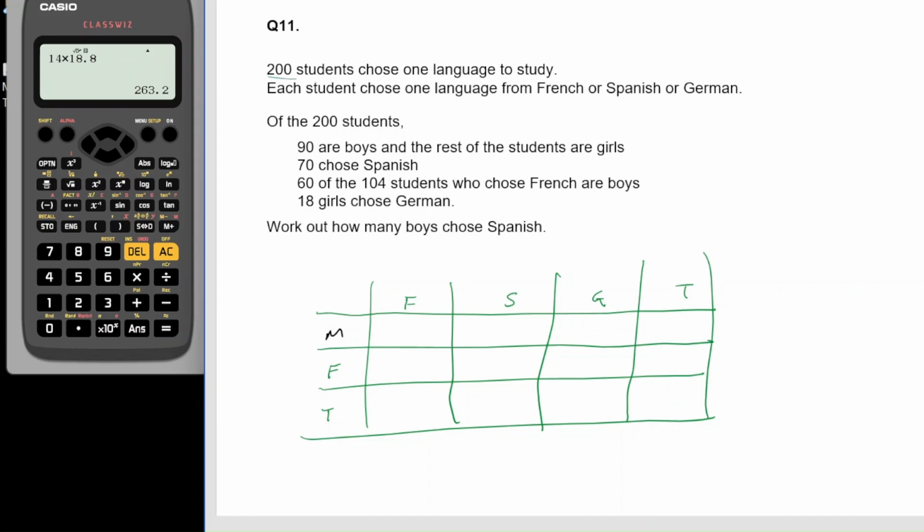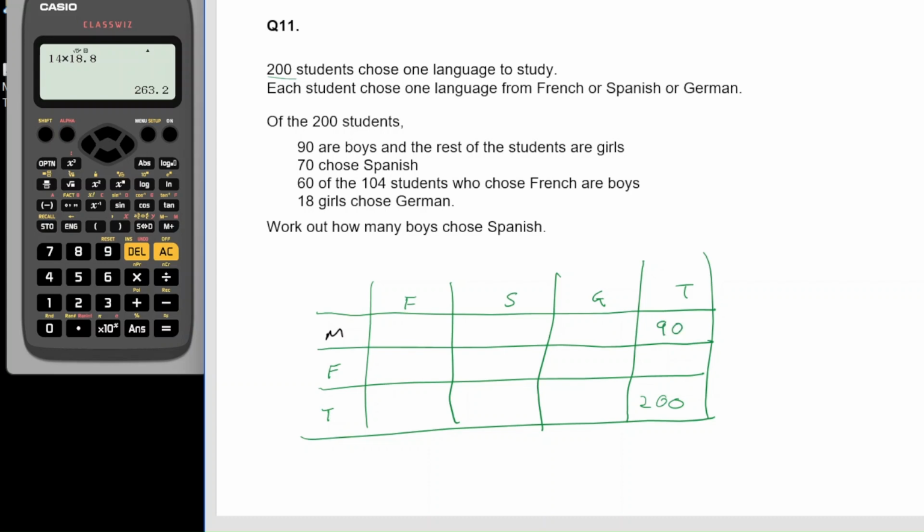So 200 students chose one language. Of the 200, 90 are boys. I'm just going to enter the information given in the question. 90 are boys and the rest are girls, so I'm just going to put 90 there.